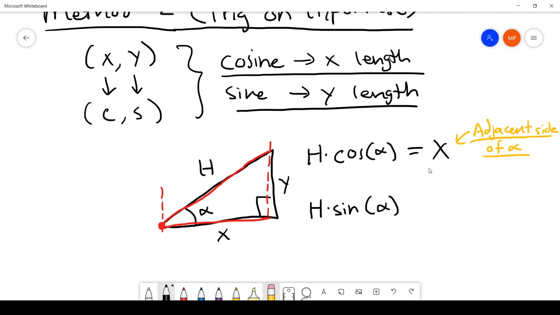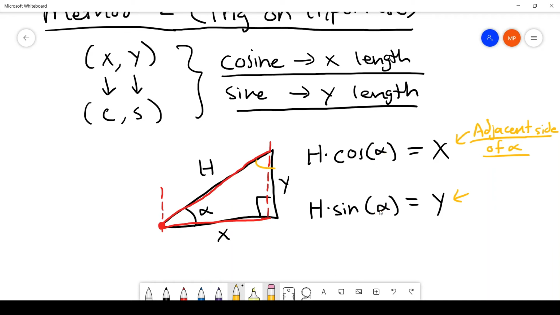And so h, the hypotenuse, times sine alpha is going to give us y, in which it's important to note that this only works in this orientation. These x and y values would not work if I have this other angle here and I call it beta, and I change up this angle being beta.